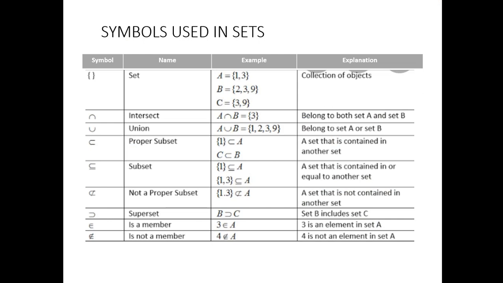These are the signs of intersection and union, which we will do in our next lecture, inshallah. Then the sign of proper subset, the sign of subset, and not a proper subset. Then the symbol for a member: 3 ∈ A means 3 is present in set A, and 4 ∉ A means 4 does not belong to A.